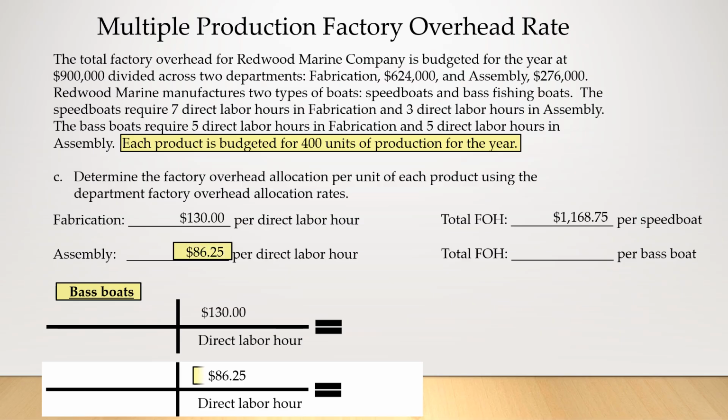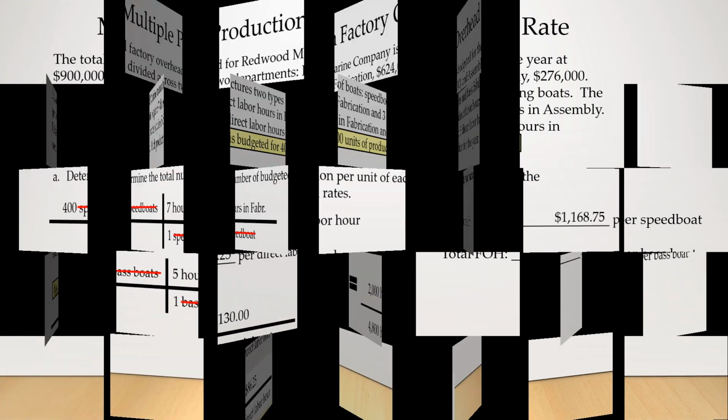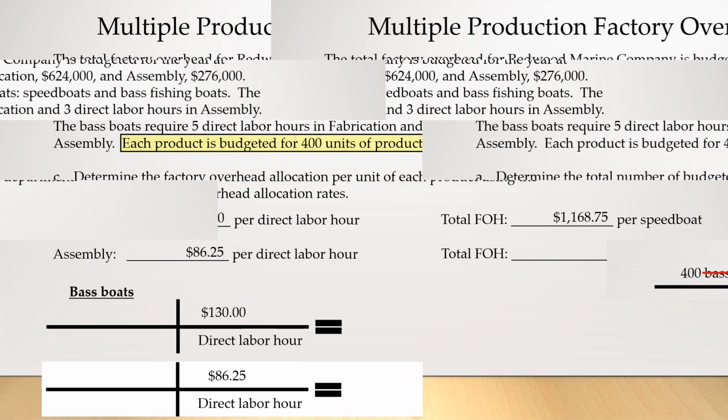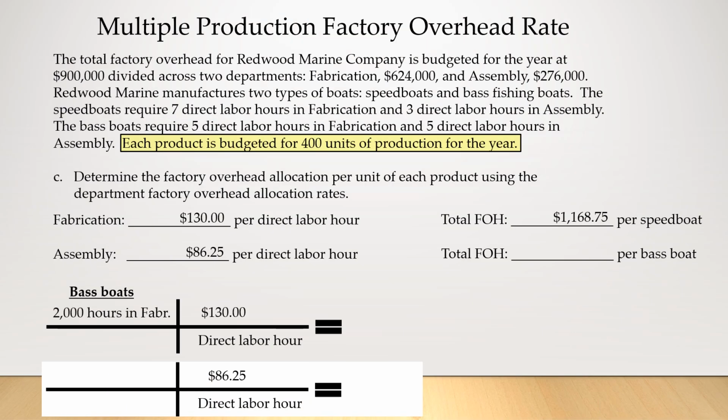We just need our labor hours for bass boats in these two departments. We already calculated those amounts in Part A. Bass boats required 2,000 fabrication labor hours. Total fabrication overhead for bass boats, $260,000.